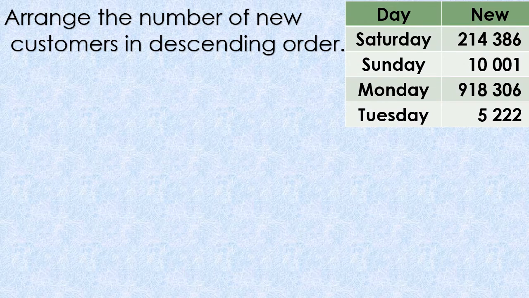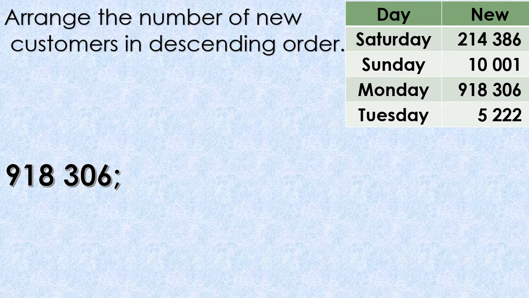Arrange the number of new customers in descending order. Remember, descending order means we will arrange the numbers from largest to smallest. Look at the chart. Which number is the largest? Yes, 918,306.